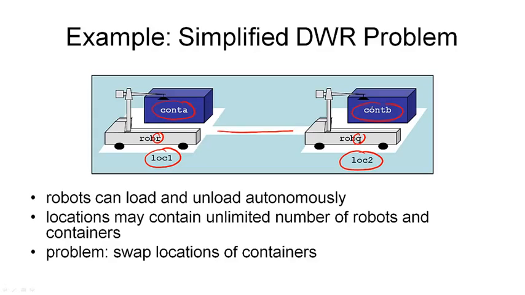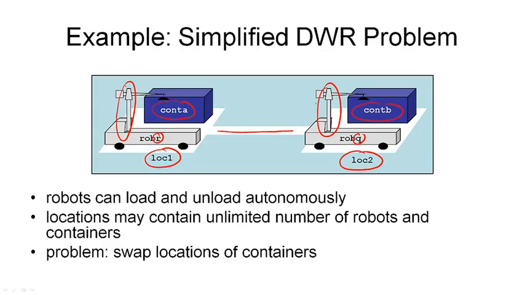What's new here is that robots can load and unload the containers autonomously. So each robot has its own personal crane attached to the robot that it carries around with it. Also, we will now think of locations as being big enough for multiple robots. Otherwise, there wouldn't be much we could do in this state because both locations are already occupied.